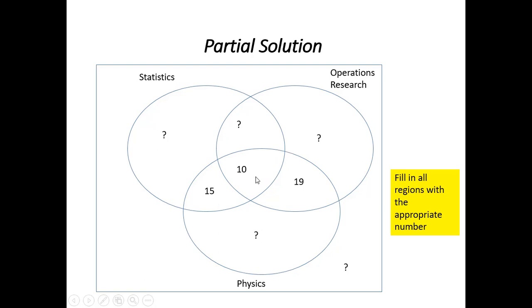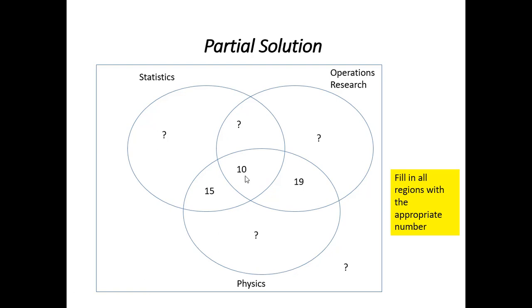You have to be clear that that's the way people approach these problems, and that's the understanding we have when we look at these. You could see over here, this oval shape represents students enrolled in operations research and physics. There's 29 of them, but we've already counted 10.